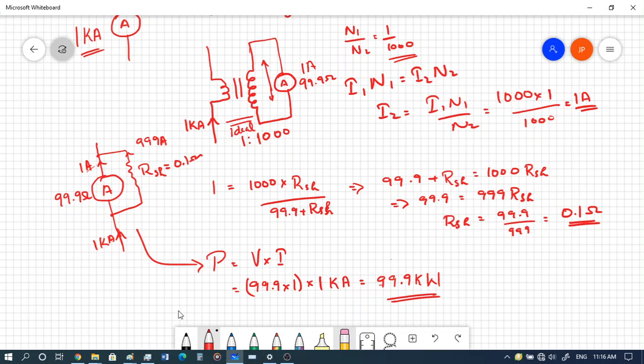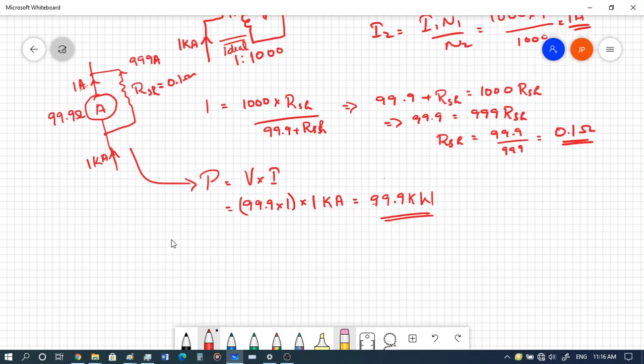So the power consumed in the CT, we can use the same formula, V into I. The voltage is 99.9 into 1 ampere across the ammeter. The current is 1 ampere, which makes it 99.9 watt, which is the power consumed in CT.